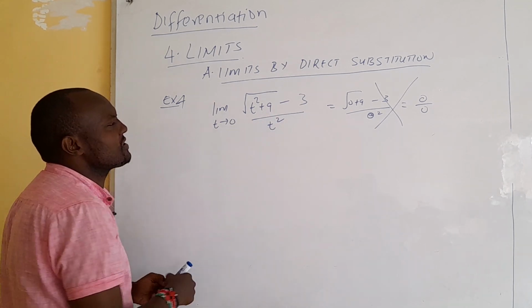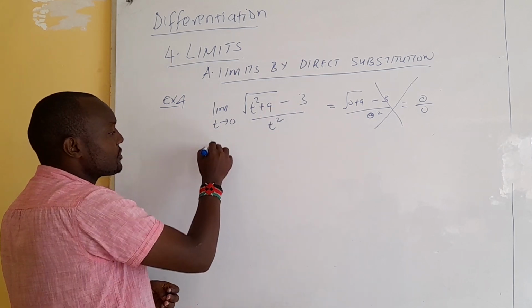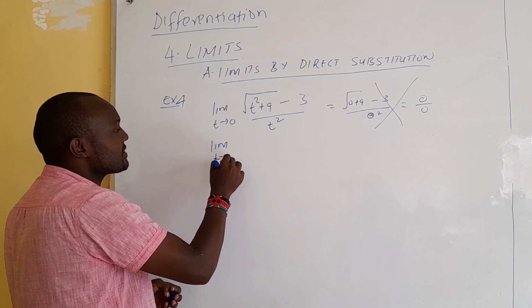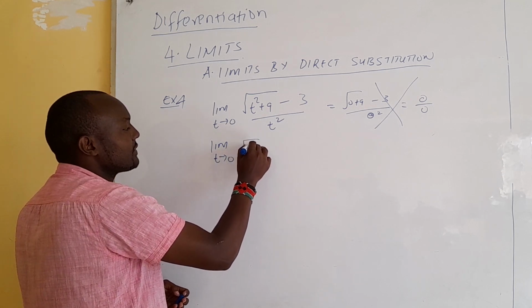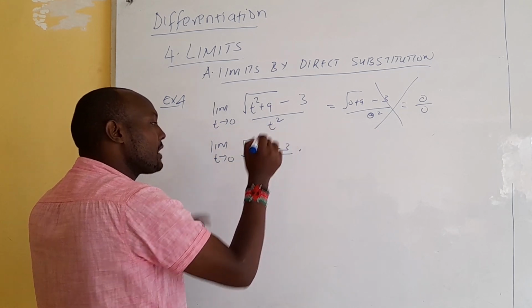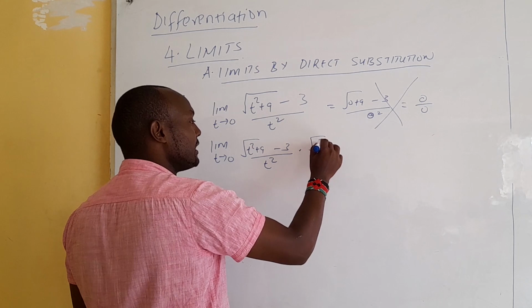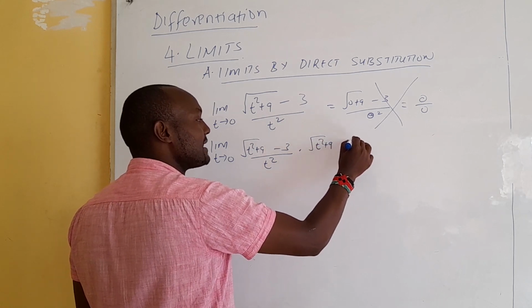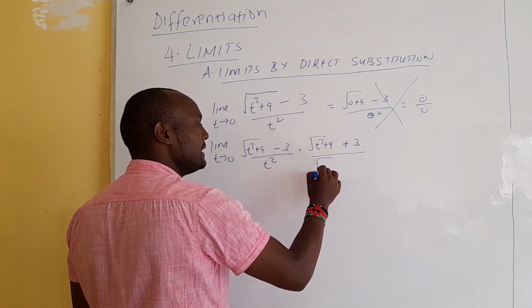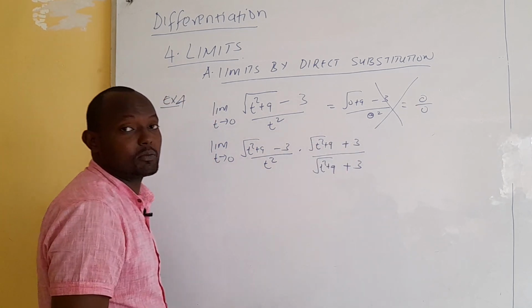So how do we solve this one? In this case, we can multiply with the conjugate of the numerator. So we have limit as t approaches 0 of the square root of t squared plus 9 minus 3 over t squared. We multiply with the conjugate of the numerator, which will be root of t squared plus 9 plus 3, all over root of t squared plus 9 plus 3, because this is just like multiplying with 1.